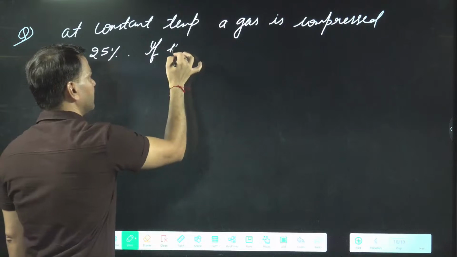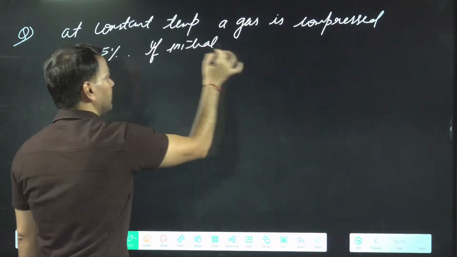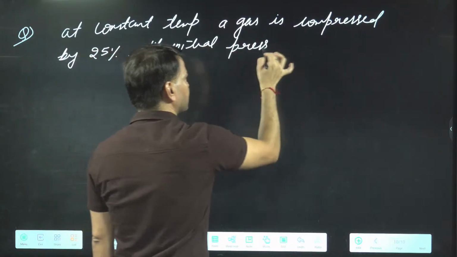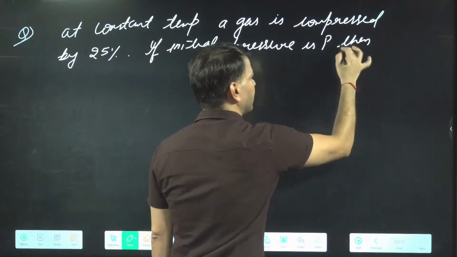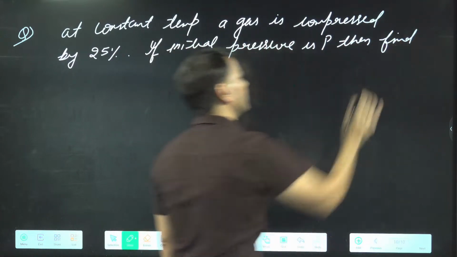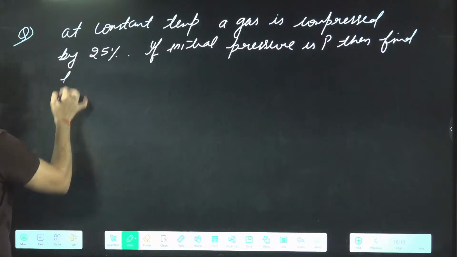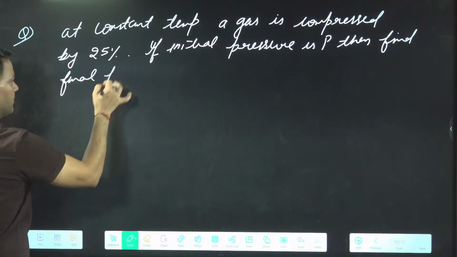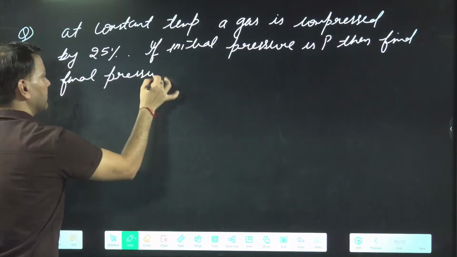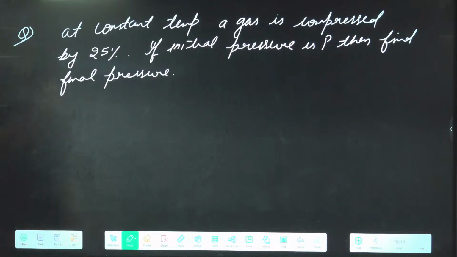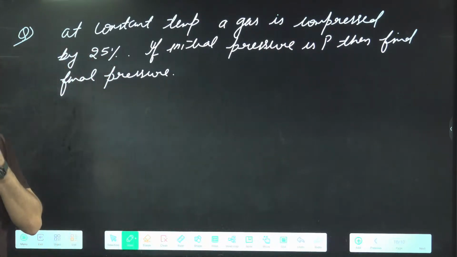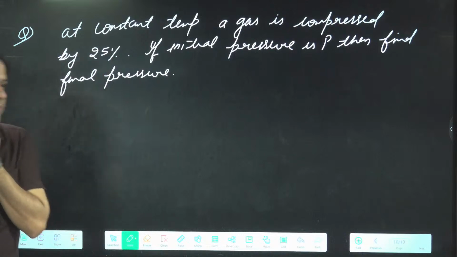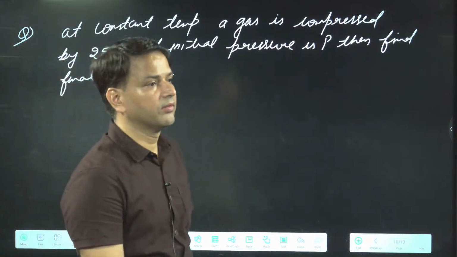If initial pressure is P, then find final pressure. What is the answer? At constant temperature, a gas is compressed by 25%. If initial pressure is P, then we have to find the final pressure.